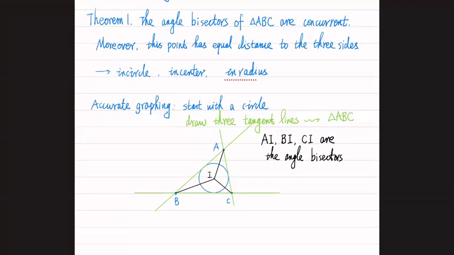Okay, you can see the difference of the drawing we had this time. Previously we started with a triangle. We tried to draw the angle bisectors. Then we drew the incircle. So this time we go the other direction. We start with a circle. We draw three tangent lines. Could it be different?